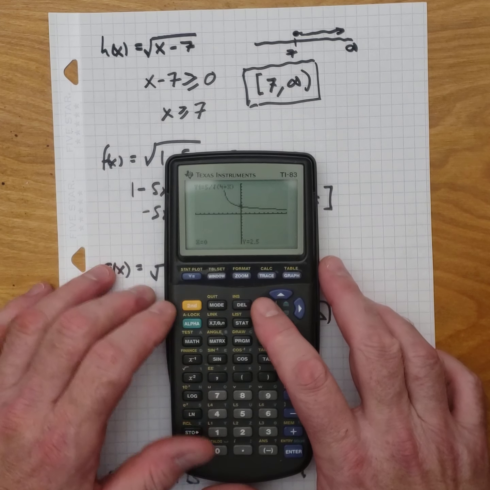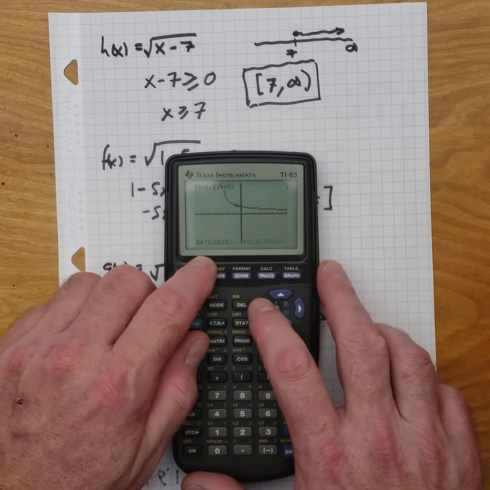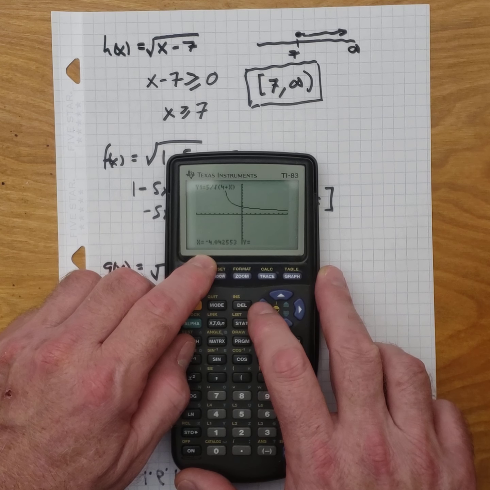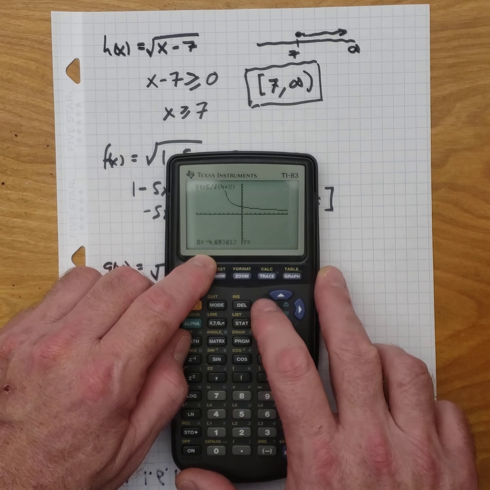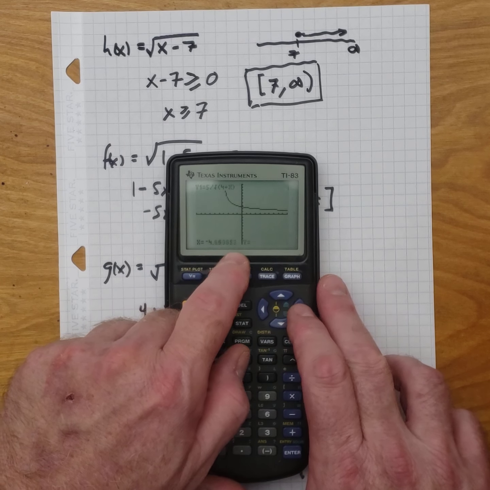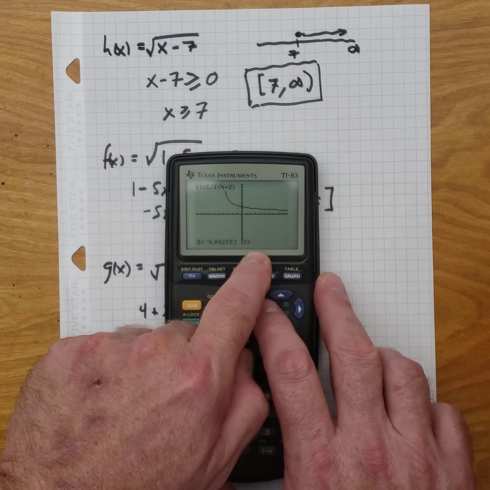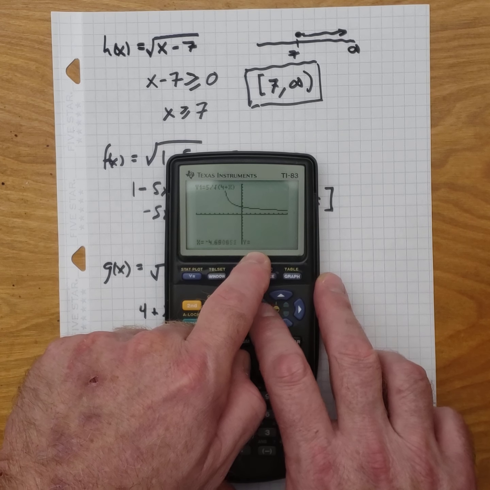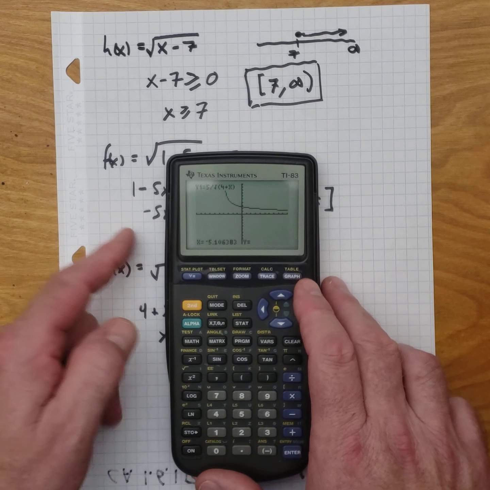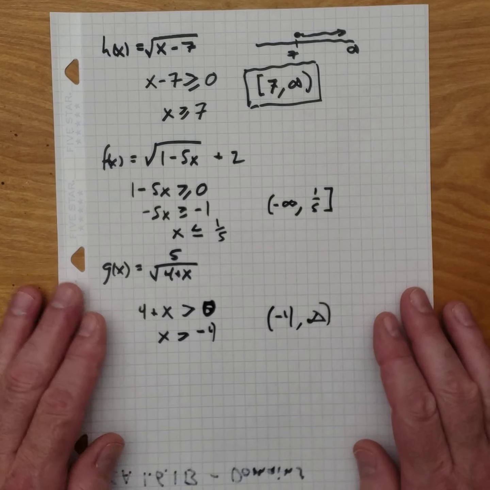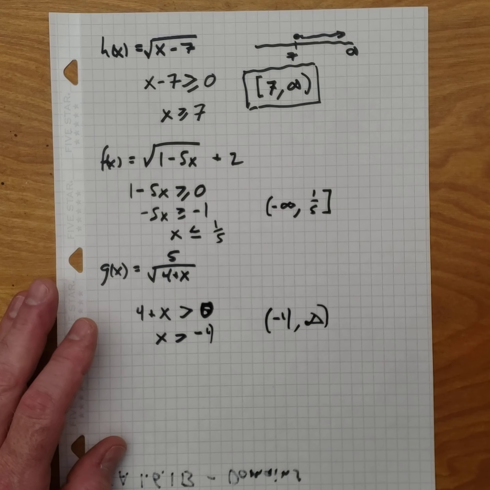You can use trace, and you'll see our x-coordinates are fine until we get to negative 4. Sorry. We keep getting y values until we get past negative 4 and it stops. So there is no graph to the left of negative 4, it's all to the right. So from negative 4 to infinity. Right? So that's finding domains using inequalities.